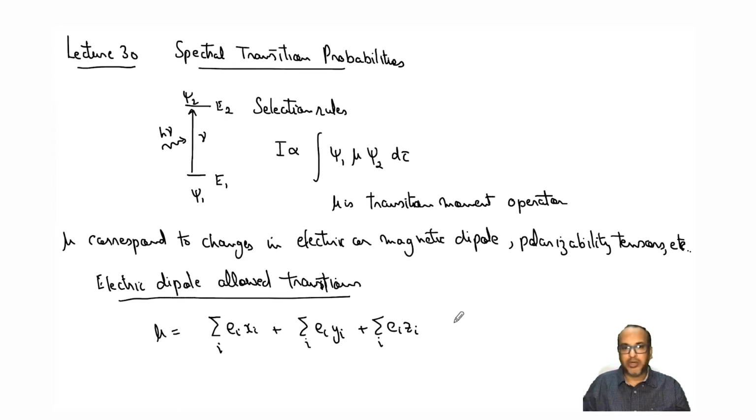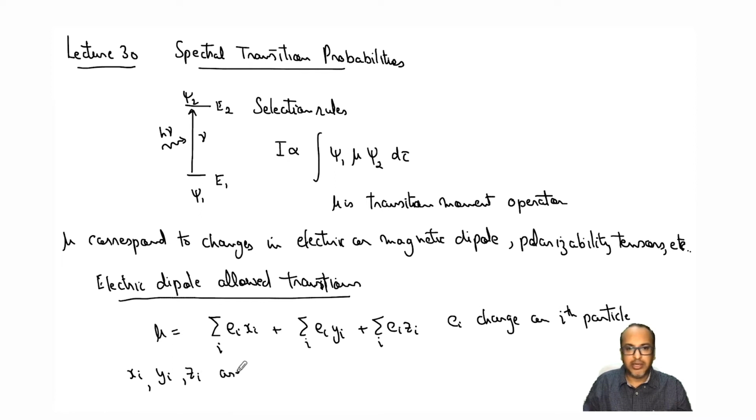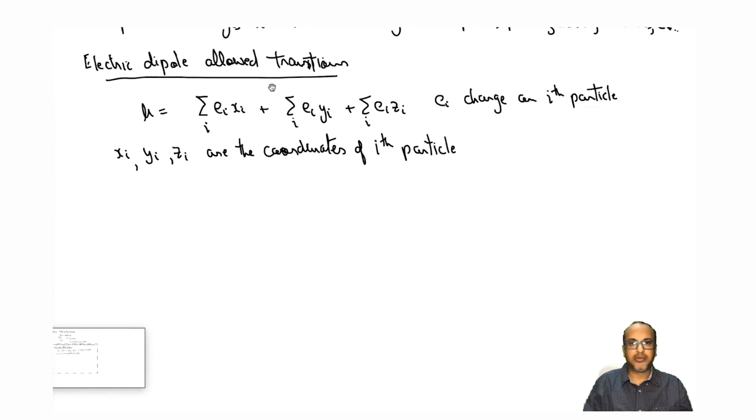What is e_i? e_i is the charge on the ith particle, and x_i, y_i, z_i are the coordinates of the particle. So these are the coordinates and charge.